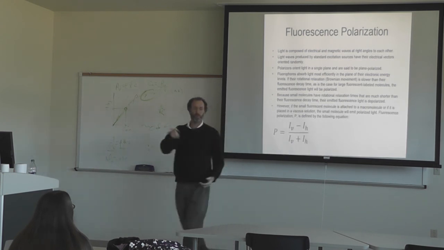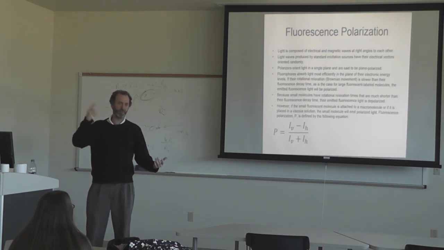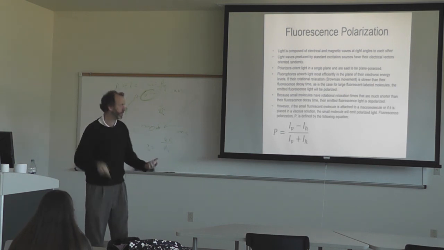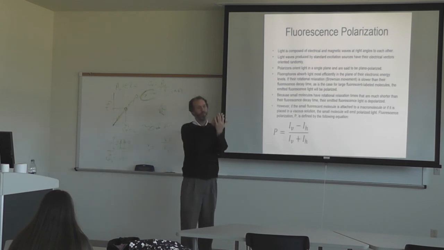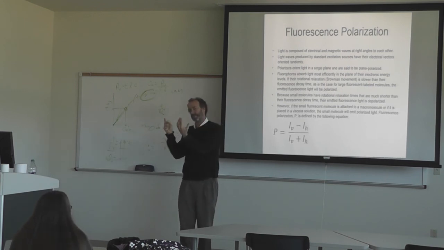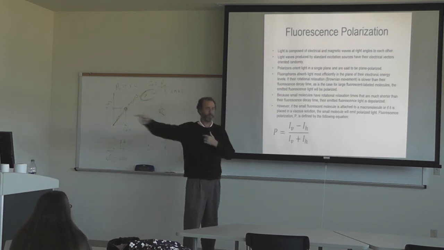But molecules generally have rotation, Brownian motion, where they're constantly spinning. So you'll only get a certain population of those fluorophores excited with one plane of light, and then they'll turn and emit their fluorescence afterwards.